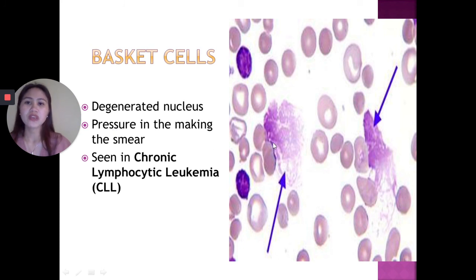If you can still find basket cells but you know for sure that the nucleus is not degenerated, then the cause is probably too much pressure in making the smear. When it is really caused by a degenerated nucleus, it is usually seen in chronic lymphocytic leukemia or CLL.